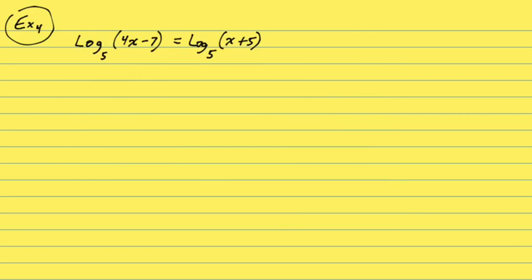Okay, here's one. I notice that they're both log base 5. They're both log base 5. They're equal. Does that mean that these arguments have to be equal? That's the only thing that's different. So 4x minus 7 has to equal x plus 5.